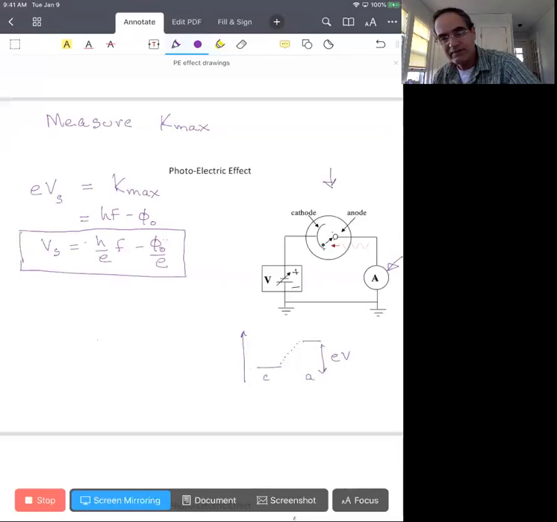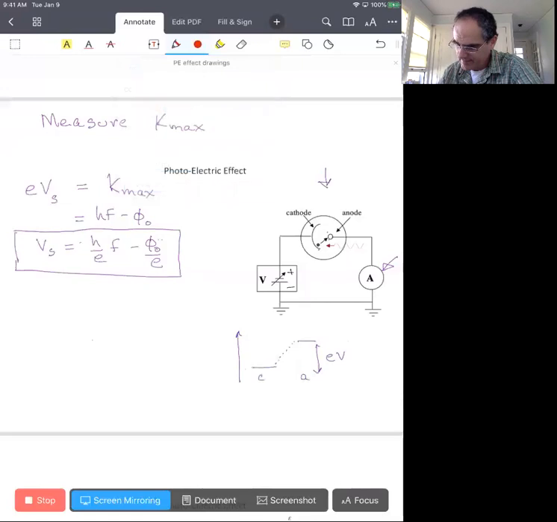And so this is the relationship that we want to explore in our experiment. And let's see why. Look at this relationship. It relates things that we can easily measure: the frequency and the stopping voltage. And the relationship is a linear relationship. And it contains this very interesting constant, Planck's constant, okay?